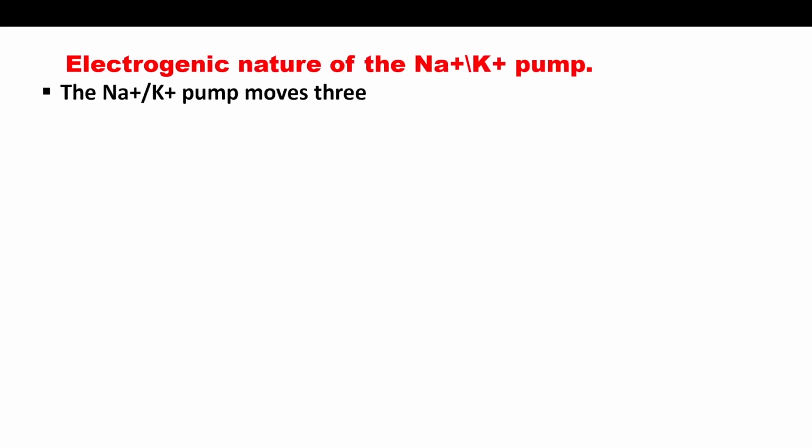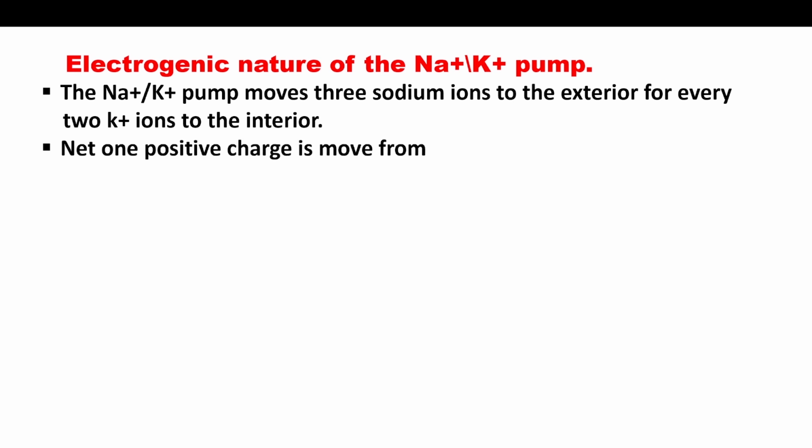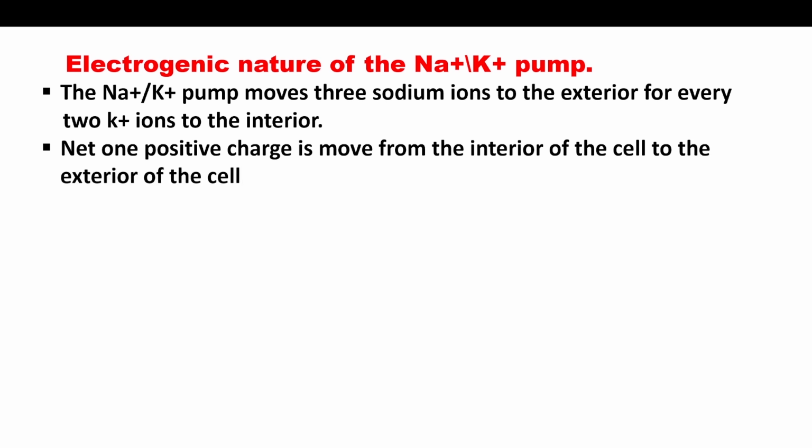Electrogenic nature of the sodium-potassium pump. The sodium-potassium pump moves 3 sodium ions to the exterior for every 2 potassium ions to the interior. Net 1 positive charge is moved from the interior of the cell to the exterior of the cell for each cycle of the pump.